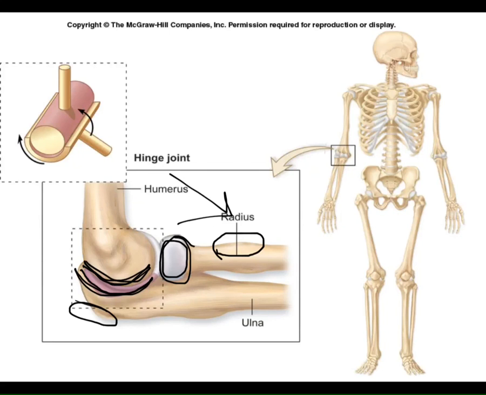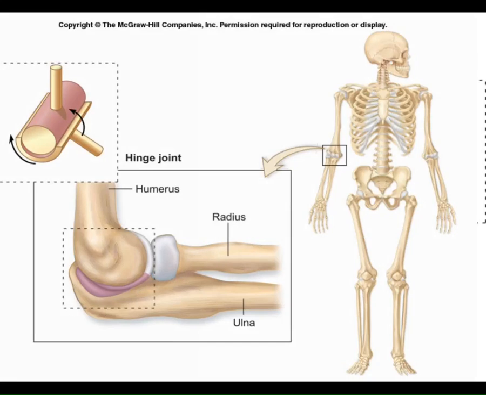Lastly, the head of the radius is going to fit on this rounded end of the humerus called the capitulum. Okay? So the capitulum goes to the head of the radius. The trochlear notch of the ulna goes to the trochlea. Okay? So I'm just going to keep knocking out these and mentioning them to you as much as I can.